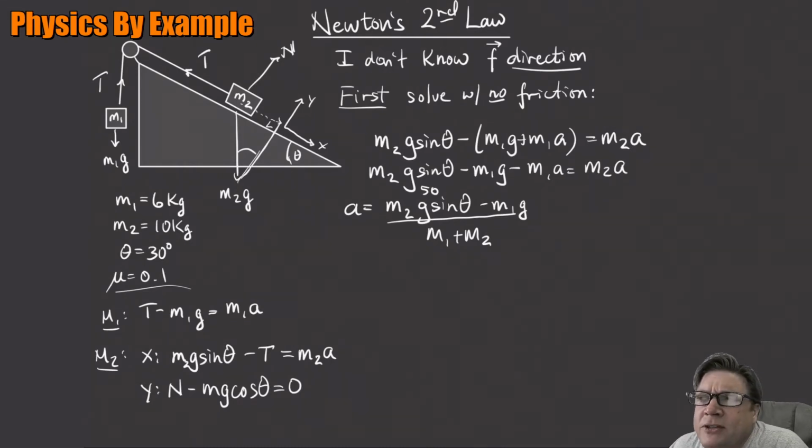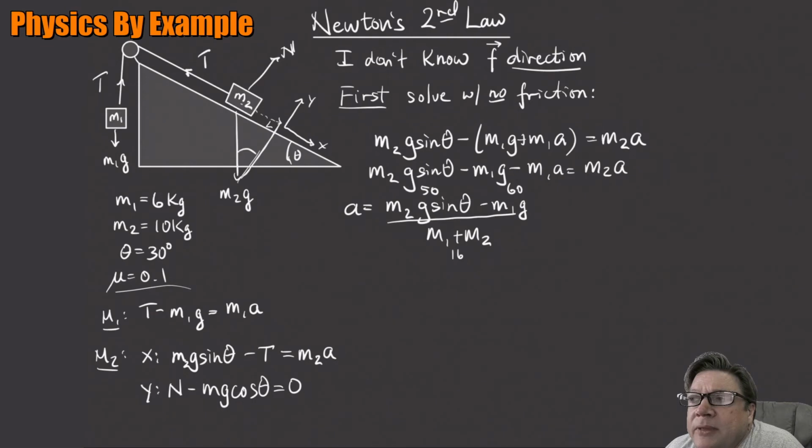When you have these terms, try to interpret each one physically instead of just plugging numbers in. Let's see what each of these means. So here's 50 pulling down the plane. What's m1g? That's the weight of m1, how hard gravity is pulling the other way, pulling back up the plane. m1g is going to be 60, 6 times roughly 10. We're doing g is 10 all the time. And m1 plus m2, what is that? That's 16 kilograms.